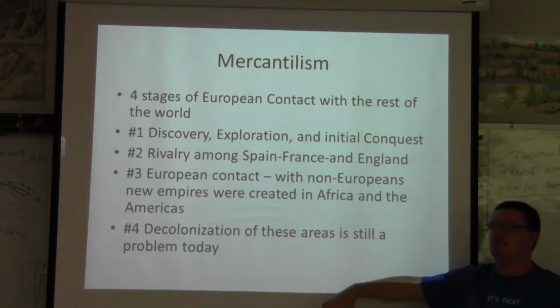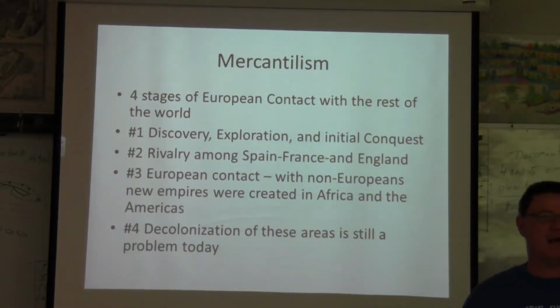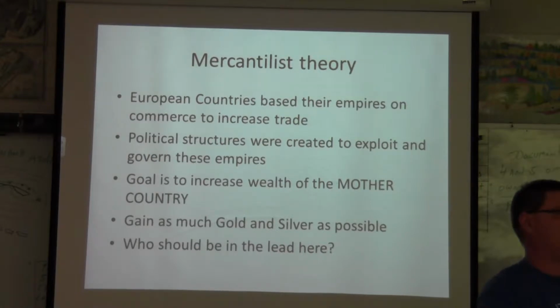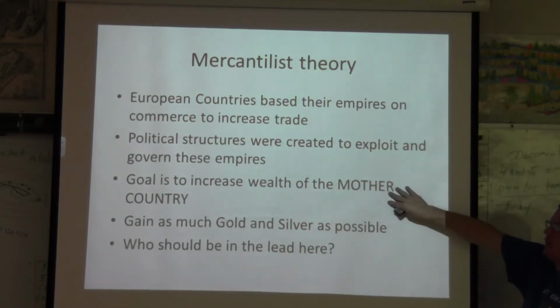And as a result, decolonization leads to a lot of third world country status and is a problem to this very day. But Europeans will base their empires on commerce to increase trade, get materials that they can trade with. And everything is done for the good of the mother country.